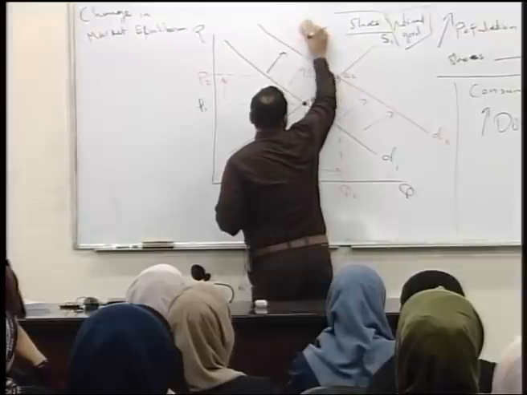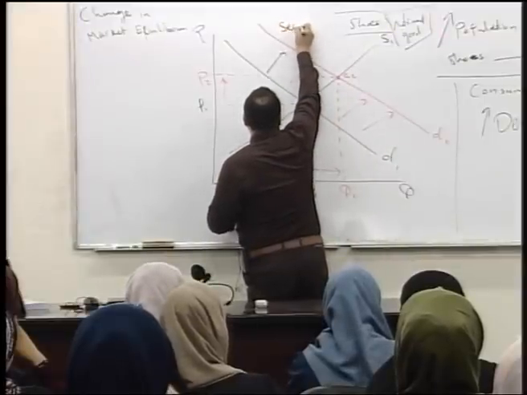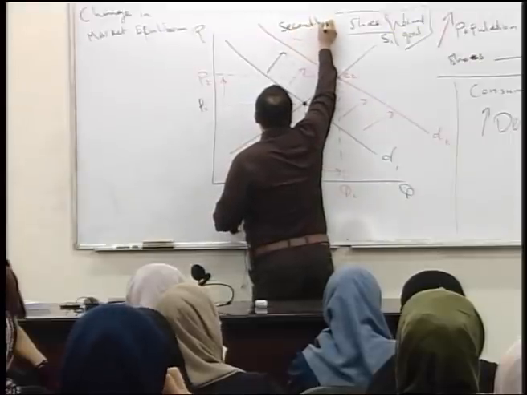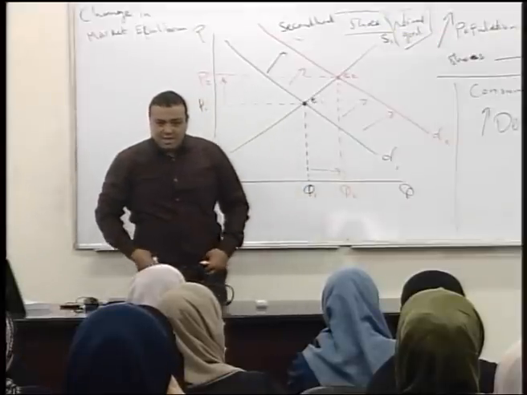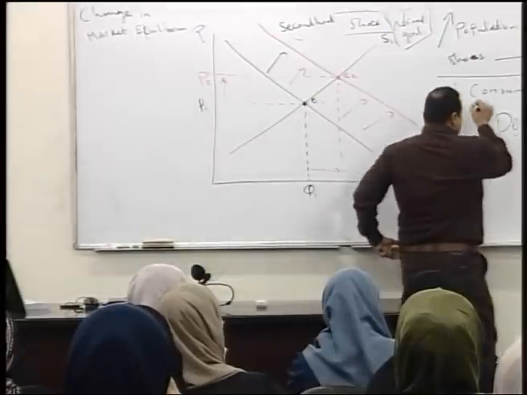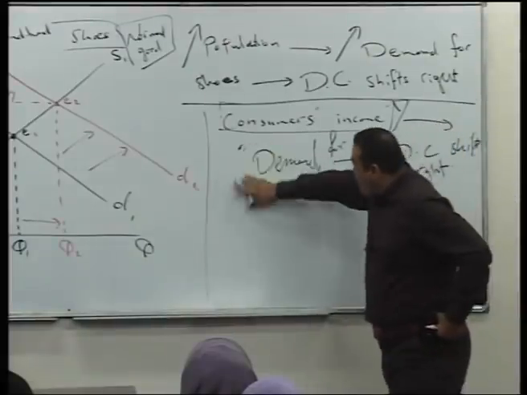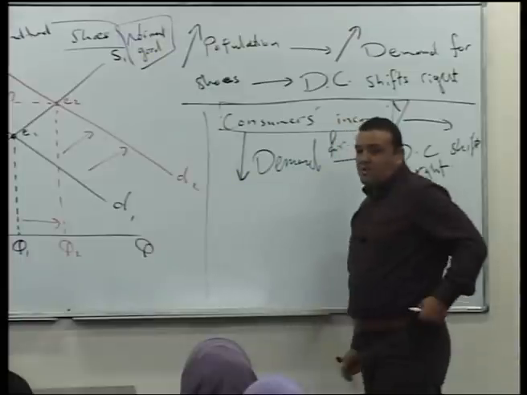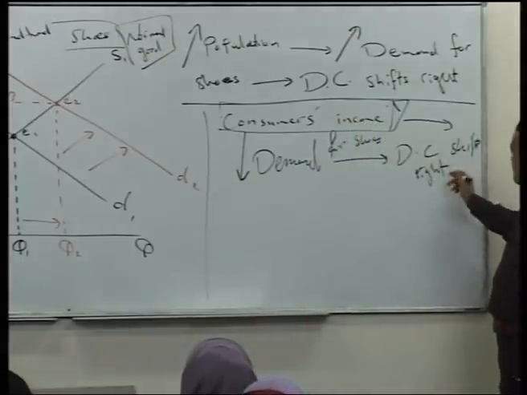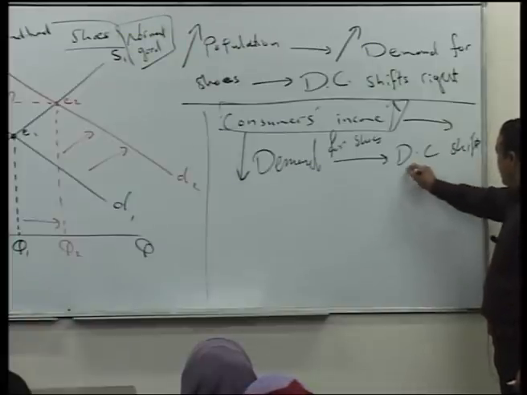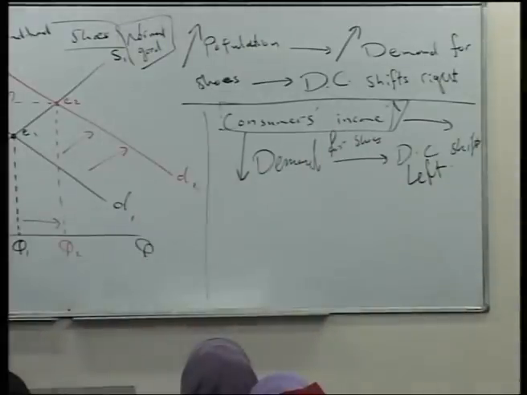Let us assume that the shoes here are second-hand shoes, the used ones. An increase in the consumer's income leads to what? A decrease in the demand for shoes. So the demand curve for shoes here will shift left.